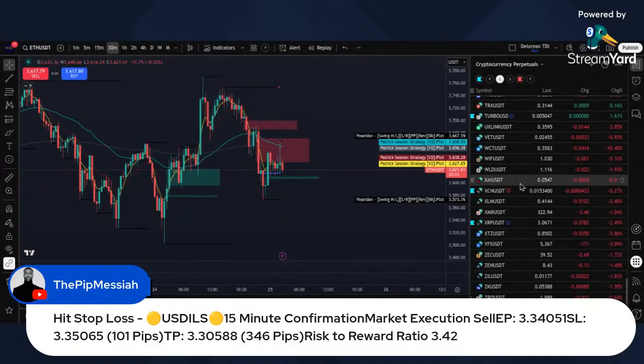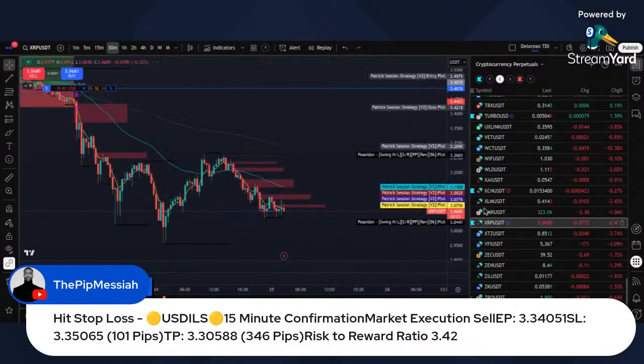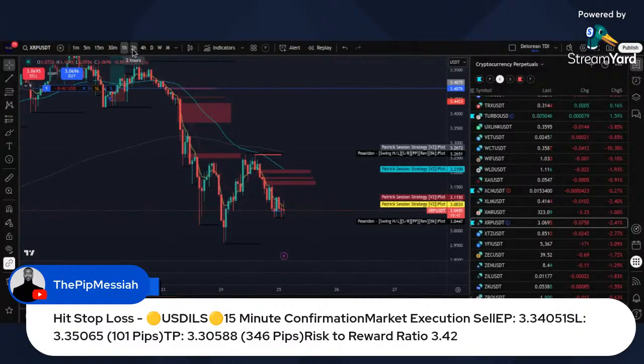Let's go to Ripple. Price is just below the 800 on the 30-minute. This may enter a little bit of free fall. Let's go up in time frame and see if we can see any support here.